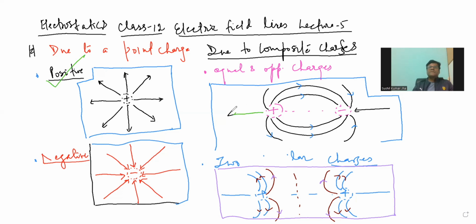Same way, if we have the field lines due to two equal and opposite charges, a dipole, then it starts from positive and ends towards negative.